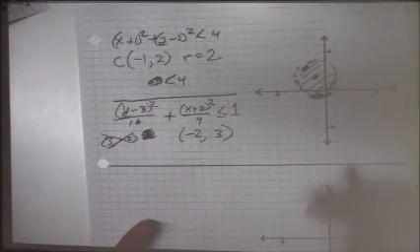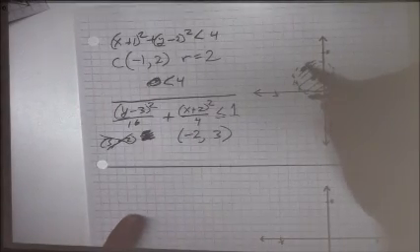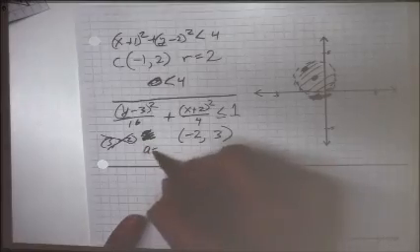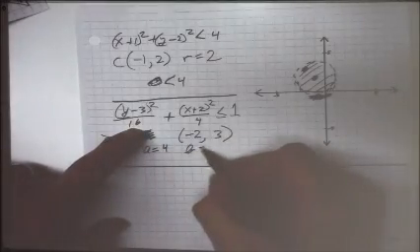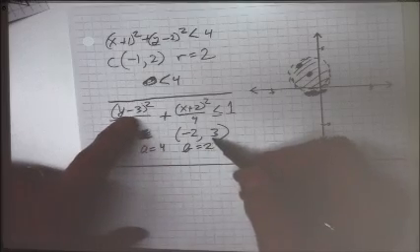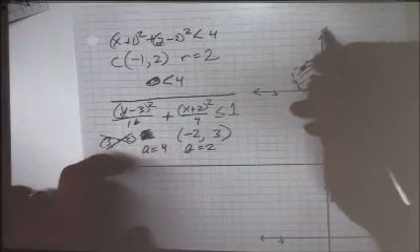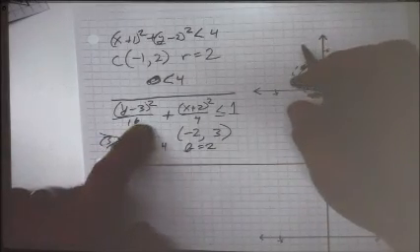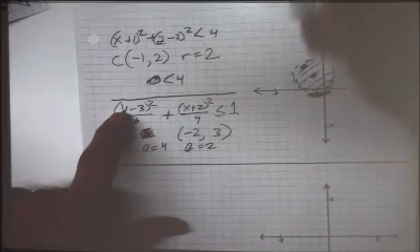Okay, so slightly different, pretty close to where the circle is. And now I figure out that A is equal to 4, B is equal to 2, square roots of them. But because the larger A is underneath the Y, we're going up and down.